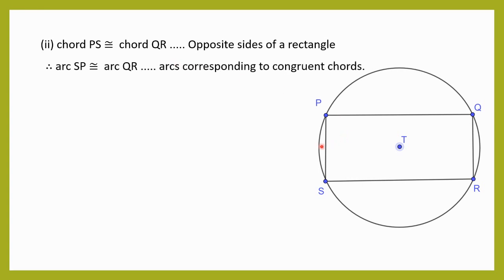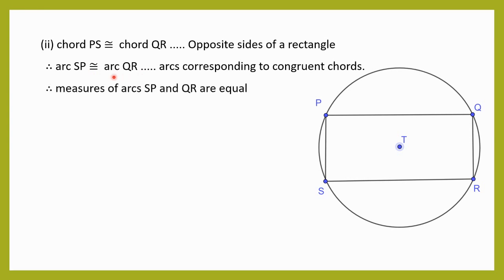Corresponding to chord PS is arc SP, and corresponding to chord QR is arc QR. We know by the theorem, if chords are congruent, then their corresponding arcs will also be congruent. Therefore, arc SP is congruent to arc QR.